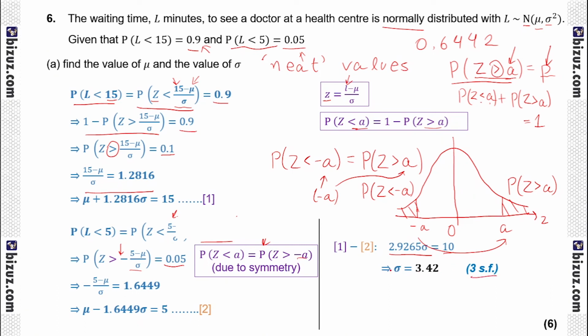And using that in any one of the equations, I'll substitute that in equation 1. We get the value of mu. So mu is equal to 15 minus, you bring this to the other side, so minus 1.2816 multiplied by sigma, which is 3.42, is equal to 10.6. Now here's something that I'd like to note, and we'll see this in the next slide too.